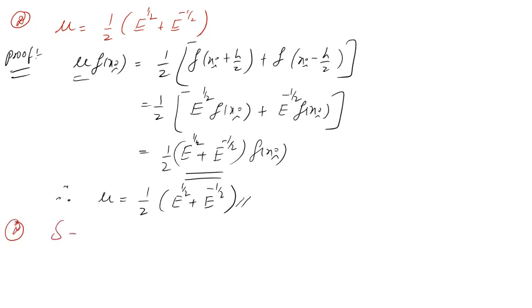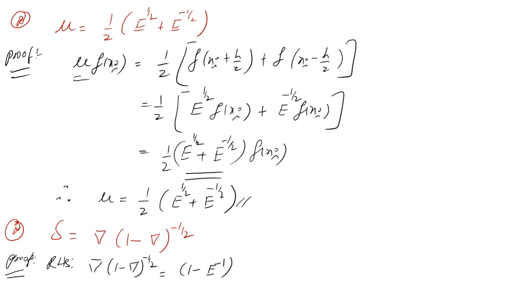And the next one, take the next one: delta equal to del into 1 minus del whole power minus half. Proof. Let us consider the RHS first. RHS is del into 1 minus del whole power minus half. What is del? It is nothing but 1 minus e power minus 1, correct? The del formula. Let me substitute that here: 1 minus e power minus 1, whole power minus half, right?